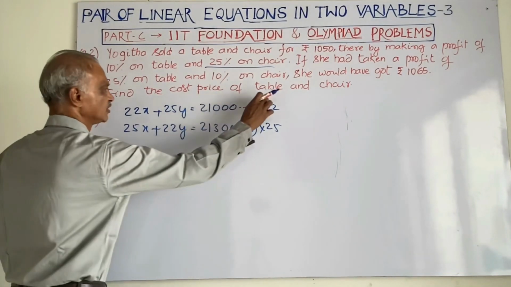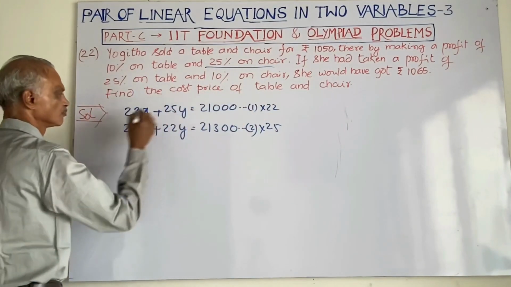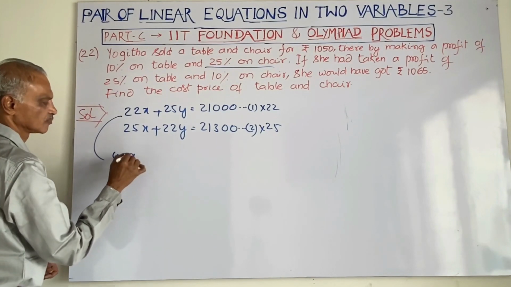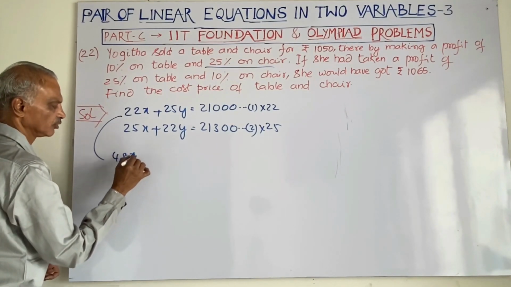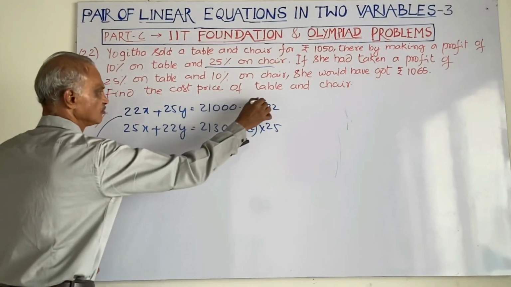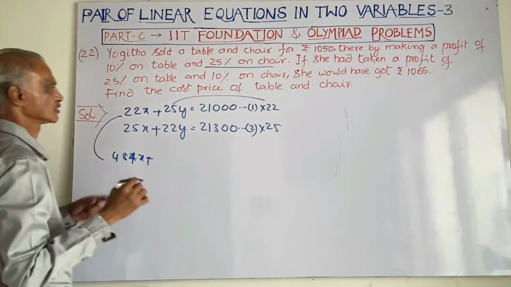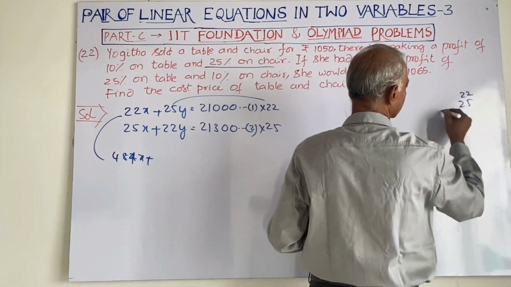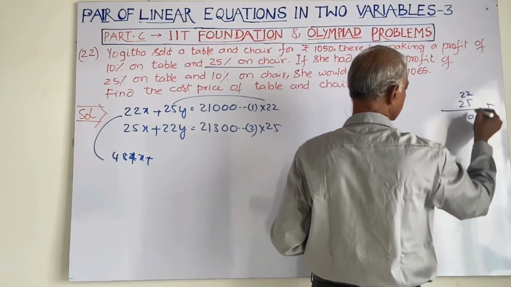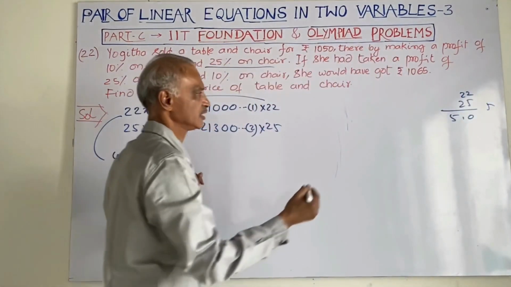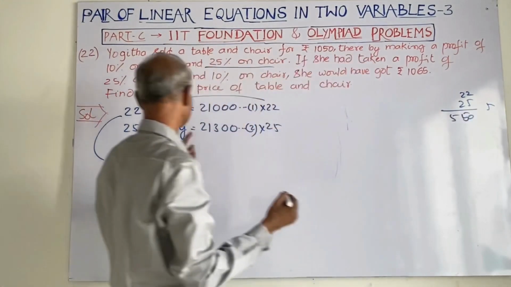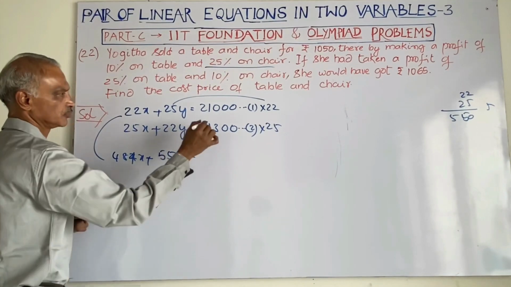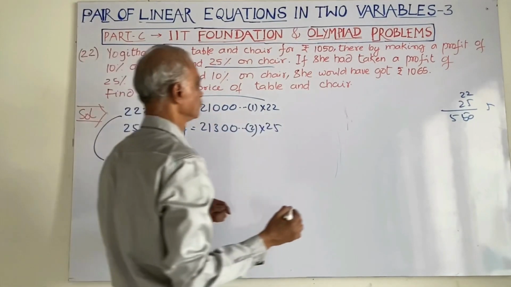Next, see 22 into 22, 484x plus 25 into 22, 25 twos are 50, 25 twos are 550. What is it? 550y is equal to 22 into 210.